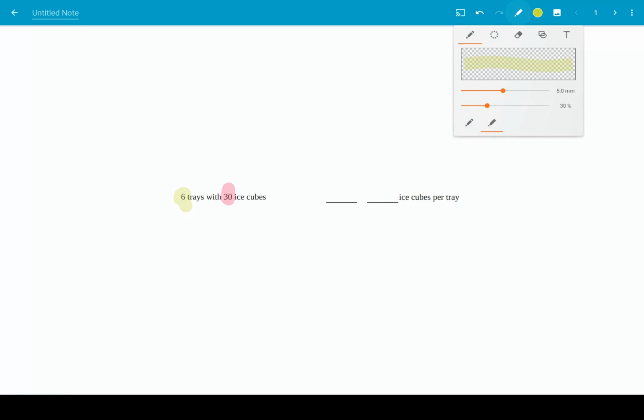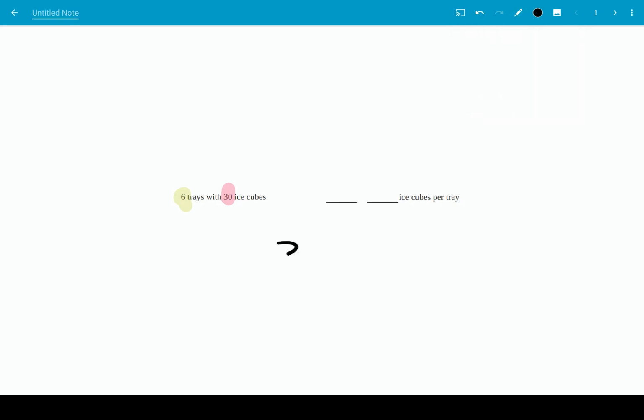So therefore, I'm going to create a ratio like we've been doing last time. So in this case, we're going to do 30 to 6. But in this case, what I want to do is turn it more into fraction form. 30 to 6. And so therefore, my ratio would be either one of these.